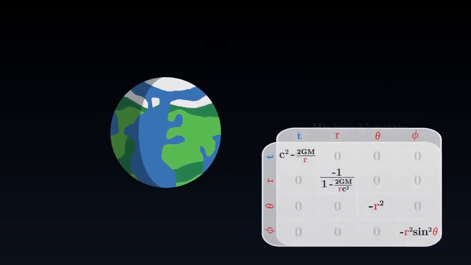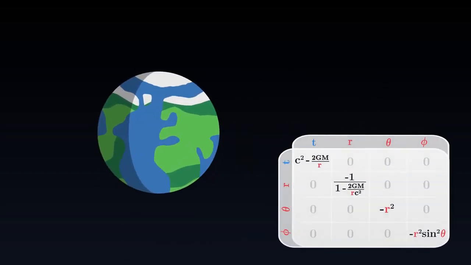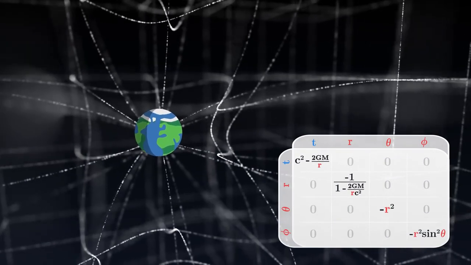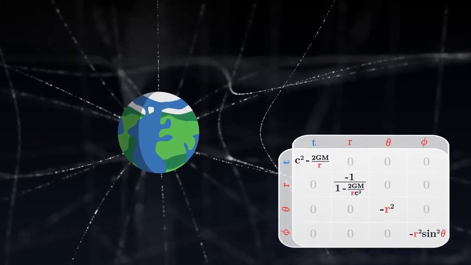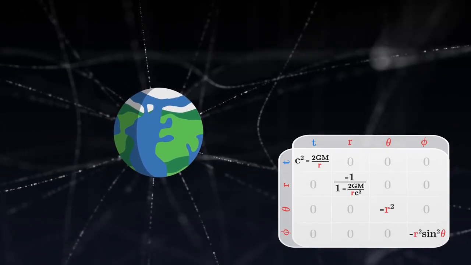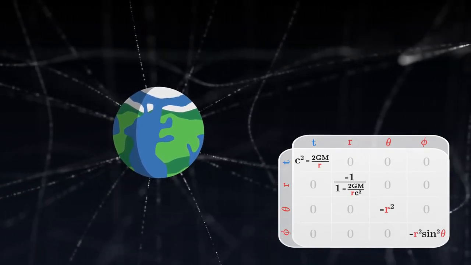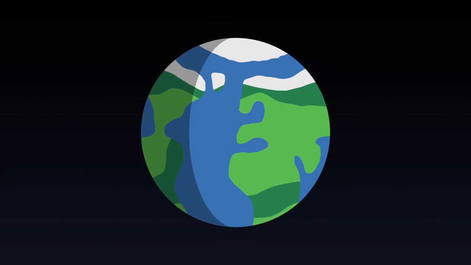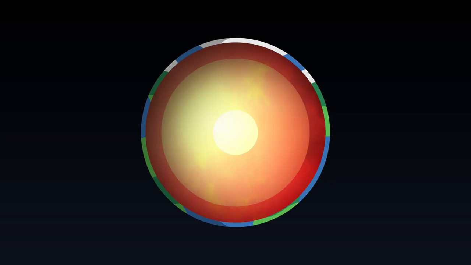But around a body like the Earth, the Schwarzschild metric indicates that spacetime is curved. And the closer we get to the planet, the greater the curvature becomes. In the case of a planet, its surface prevents us from going too close to the center. And inside the planet, the Schwarzschild metric is no longer valid.